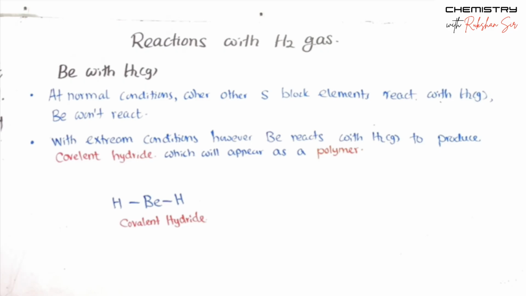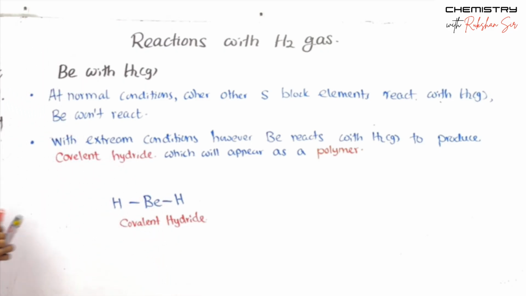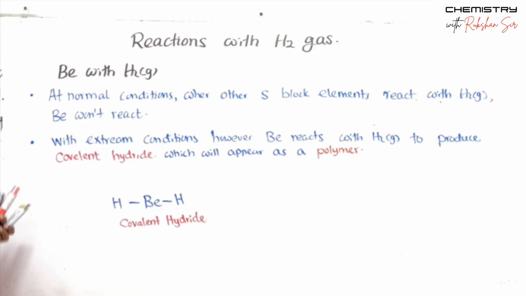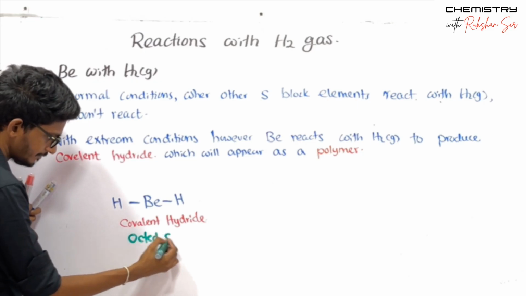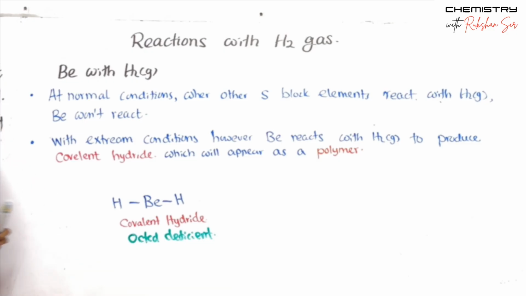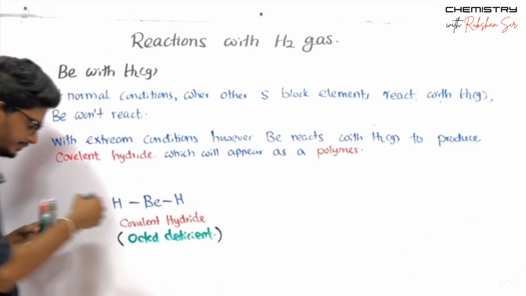And see, it's electron deficient. You don't have the octet here, as a group 2, second row element. So it's octet deficient. One can say it is an electron deficient hydride coming from beryllium.